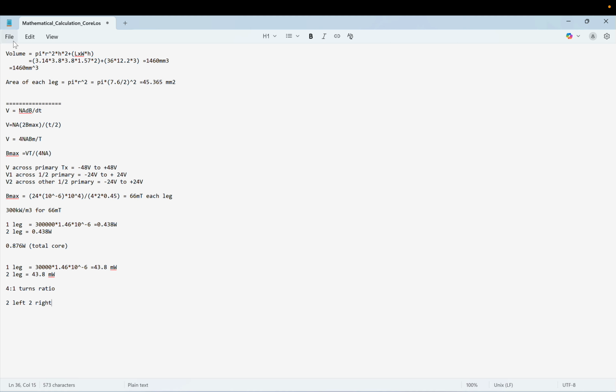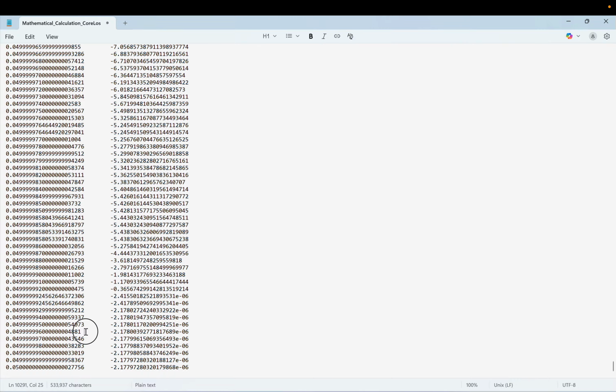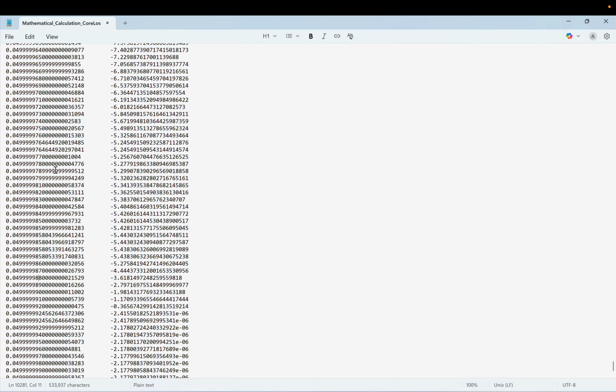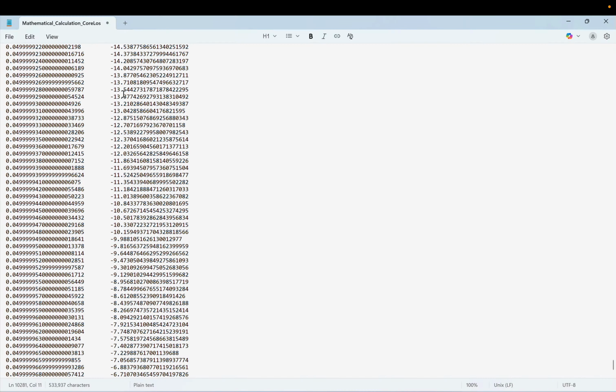So what I did, file, save as .tab file. Saved the file as .tab, and I asked ChatGPT to not change the Y value, only change the X value. That's all I told, and ChatGPT gave me the file. I just imported the file in ANSYS.